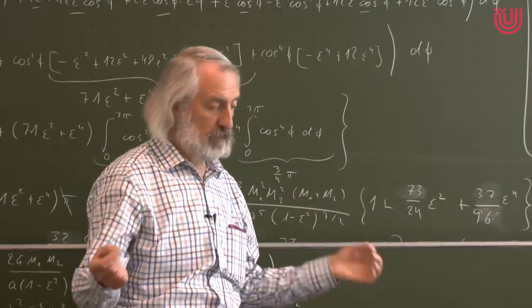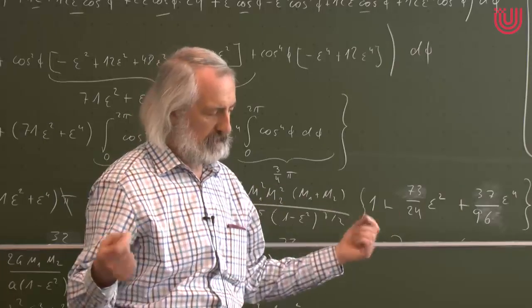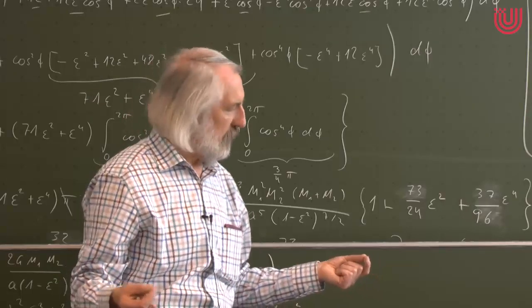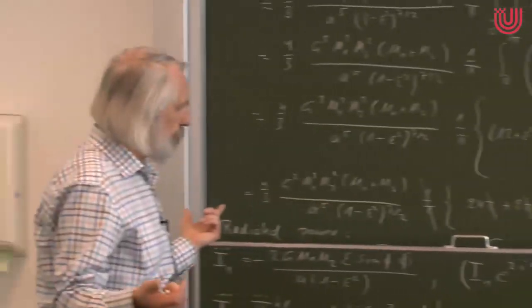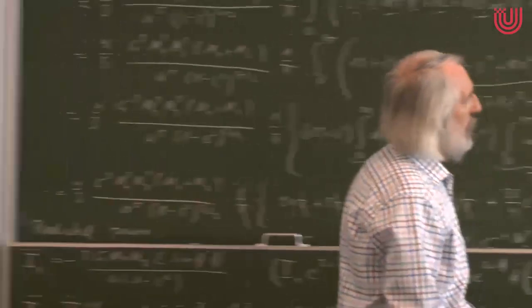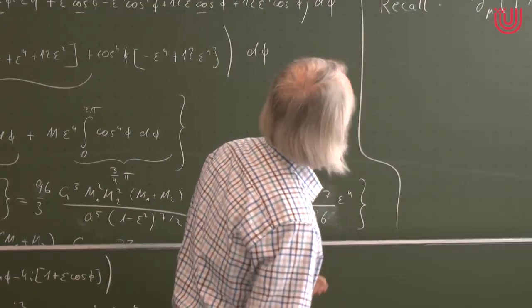So the orbital parameters cannot be constant. The energy must be a function of time in order to produce this radiation, and then we can explain where this energy comes from. Otherwise, we have no explanation for this energy.